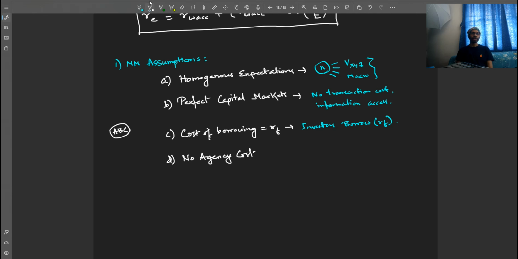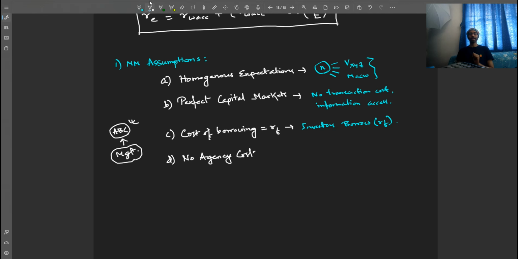Now, you need to trust that the management of ABC will act in your benefit, that is the investor's benefit. The management of ABC will act for the maximization of investor benefits, right? This is a dependency that an investor in ABC has. If you are trying to invest in ABC, you have this dependency.